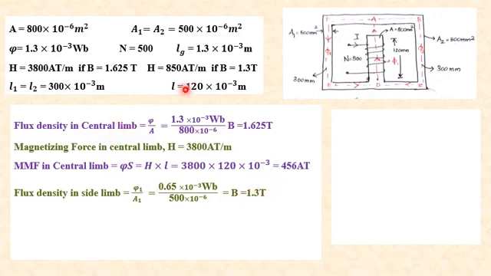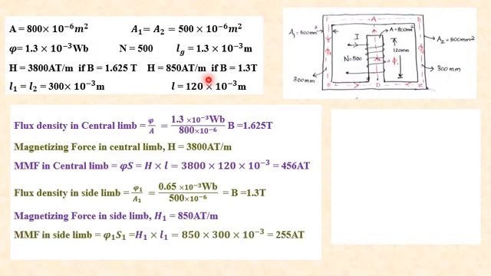In the question it is given that if the flux density is 1.3 Tesla, then the value of H will be 850. So the magnetizing force in the side limb is 850 ampere turns per meter.